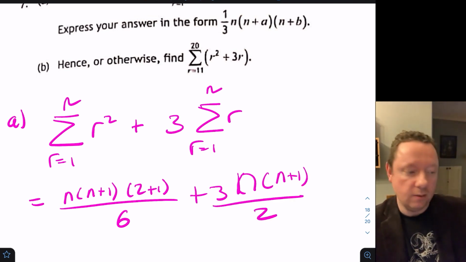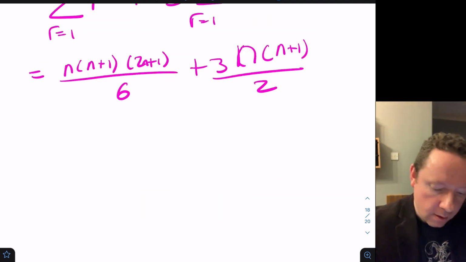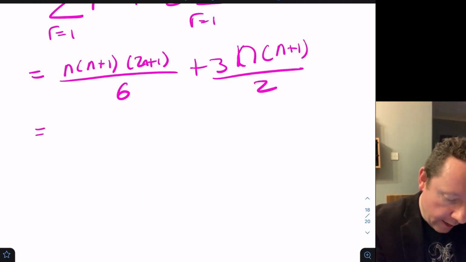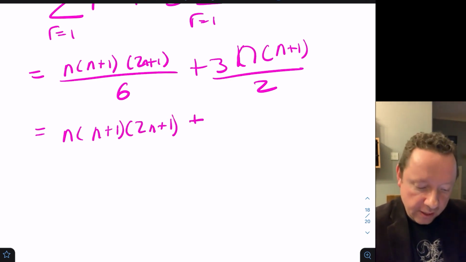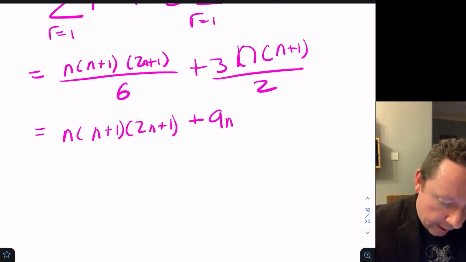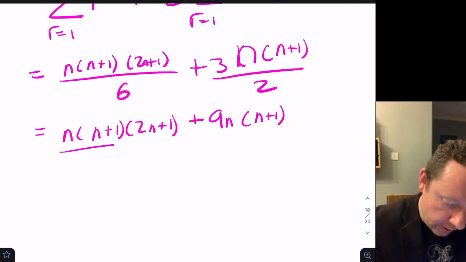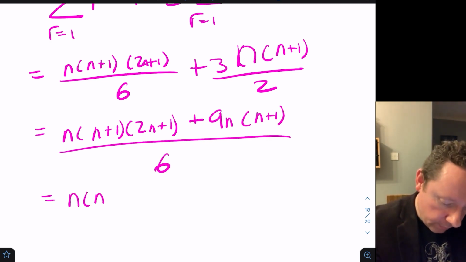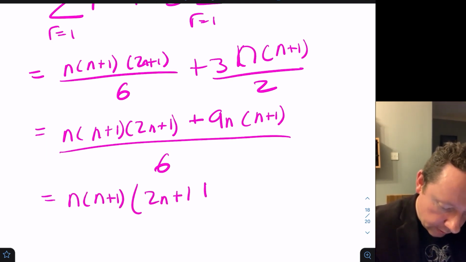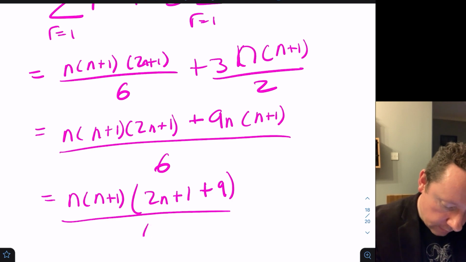And then we can just tidy that up. So making it over 6, we get n plus 1, 2n plus 1, plus, times in this second fraction by 3, we get 9n plus 1, and that's all over 6 then. Taking our n plus 1 as a common factor, we've got 2n plus 1 plus 9, all over 6.